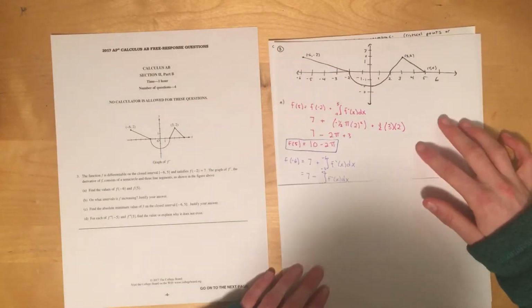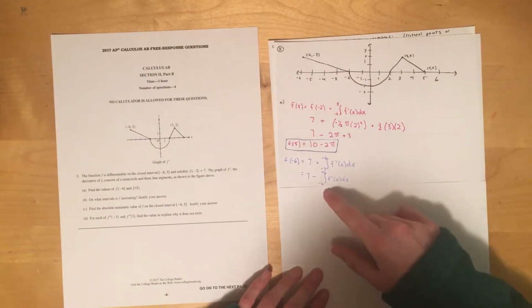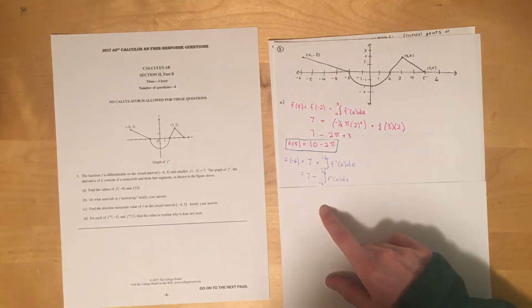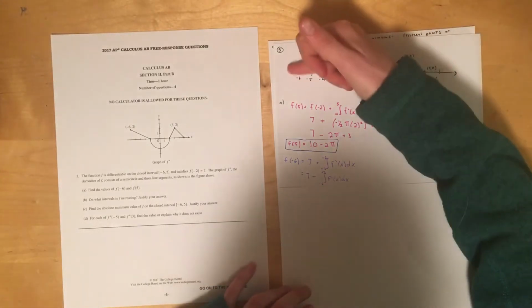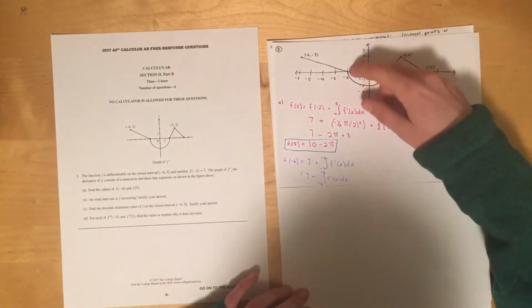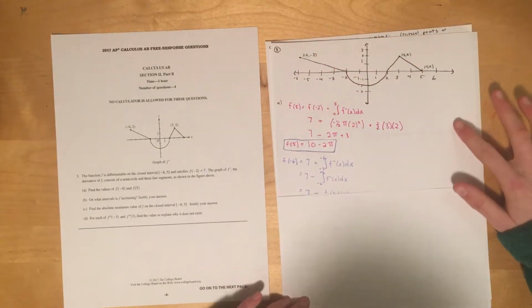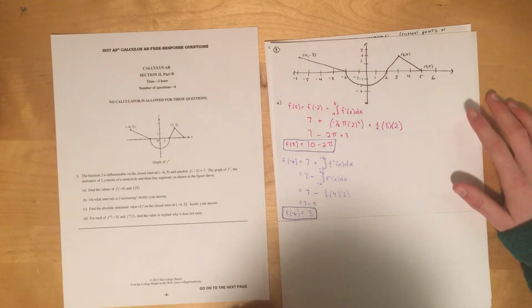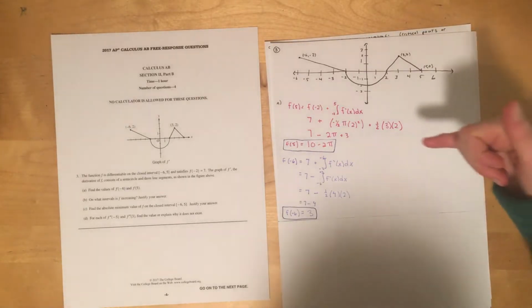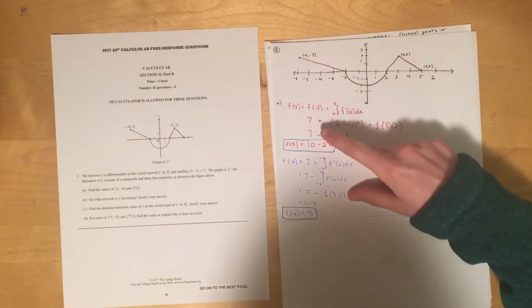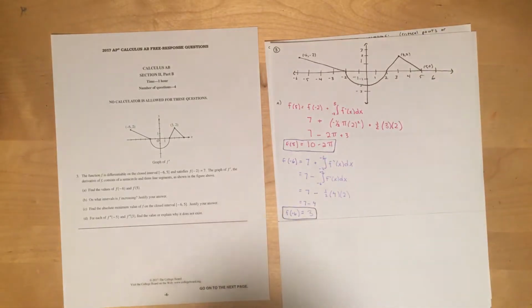So instead I just subtracted it and flipped it to make it easier. You can make this a triangle with base 4 and height 2, whose area equals 4, so it's 7 minus 4, which is 3. So the answers for part A are f of 5 equals 10 minus 2 pi, and f of -6 equals 3.